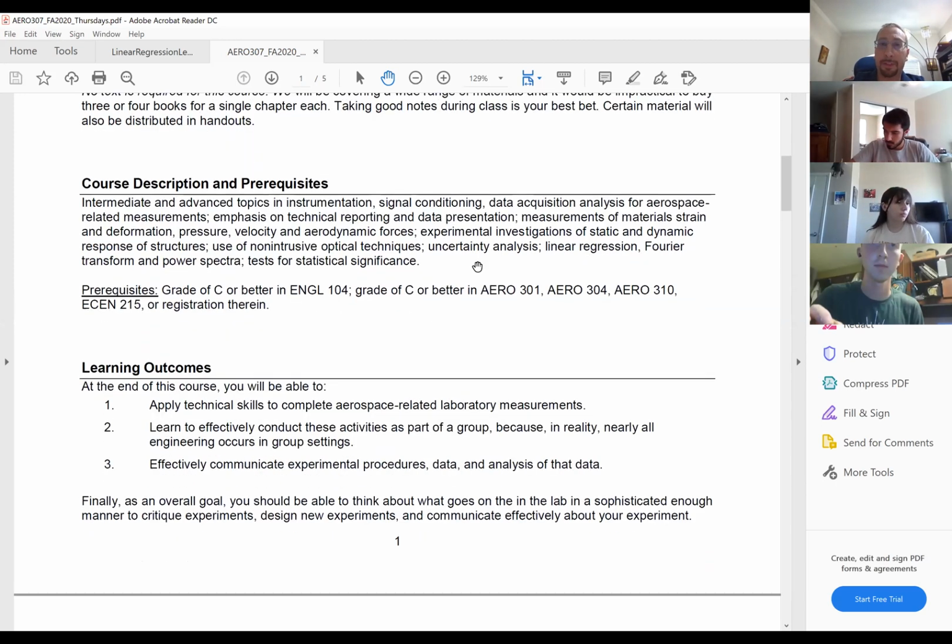What you will see in this course, in the context of 6 different labs: 2 materials and structures, 2 dynamics and controls, and 2 aerodynamics and propulsion labs. You will see basics of instrumentation, measurements, linear regression, uncertainty analysis, Fourier transform, and a lot of other things related to measurements.